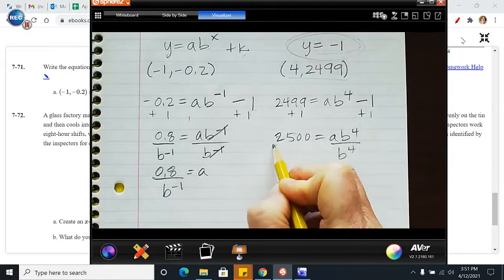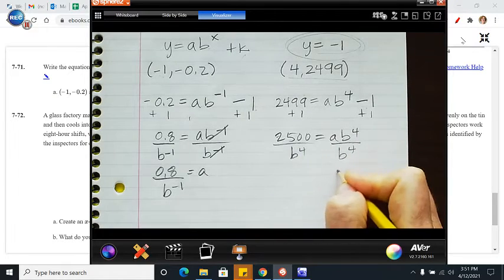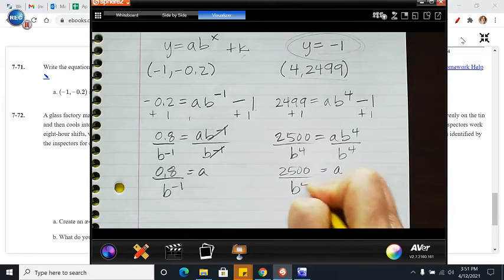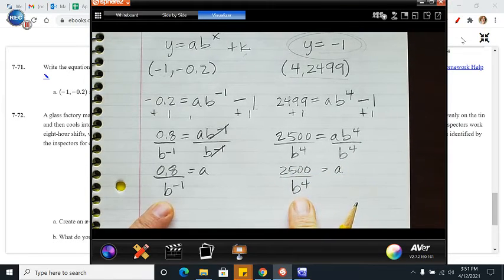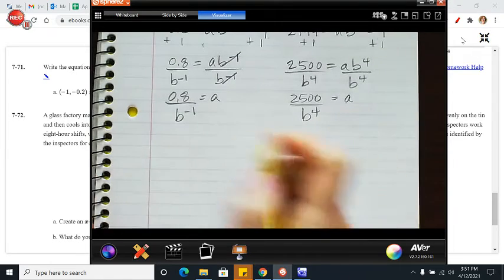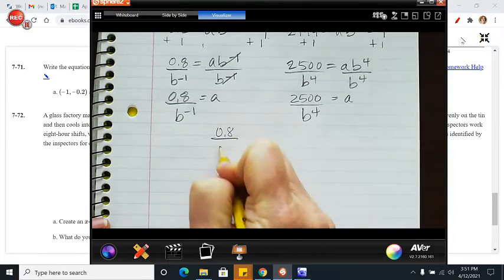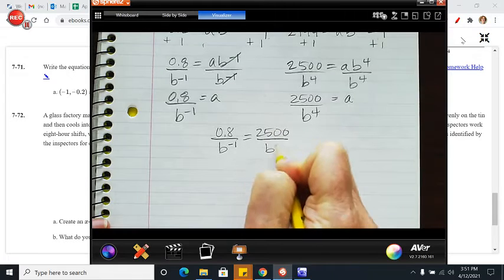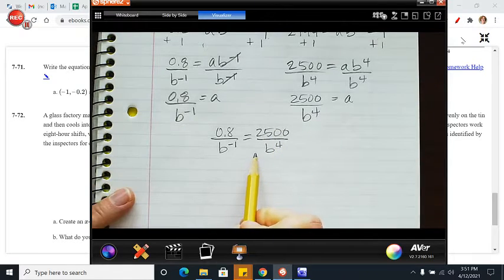Divide by b to the 4th. And then I'm just going to set these equal to each other. And then I'm just going to solve for b.